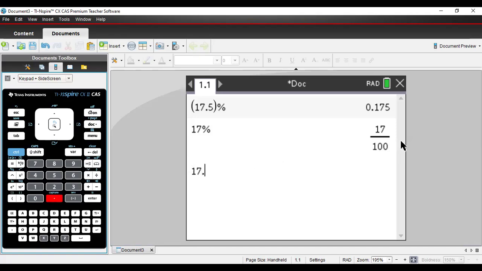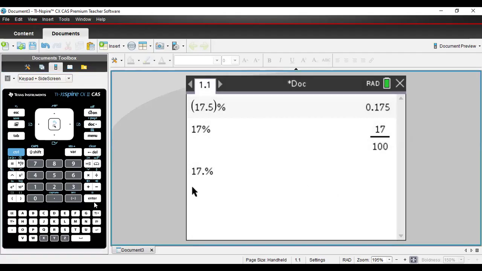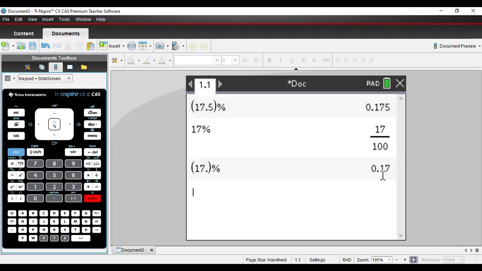Otherwise, the calculator will make a fraction, and if you wanted to see a decimal, it wouldn't have shown up as a decimal. You have to put a decimal at the end, and that tells the calculator you want it as a decimal. This one already had a decimal, so I didn't need to do that, but I wanted you to understand that if you want to convert a percent to a decimal, and it doesn't already have a decimal, you have to add one to it.